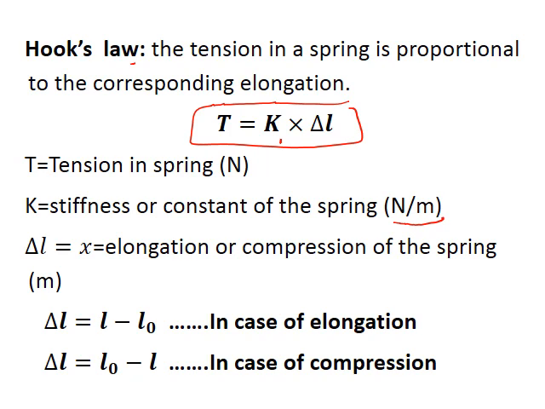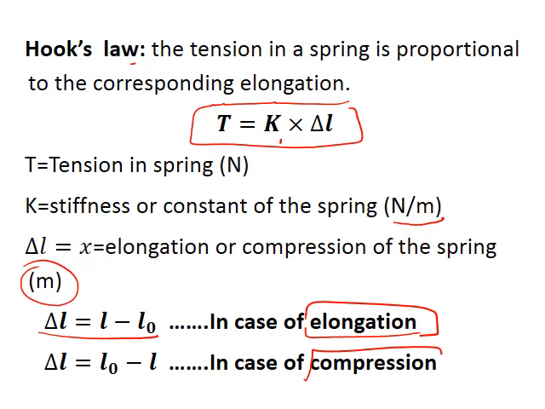Delta L or X is the elongation or compression of the spring; its unit is meter. In the case of elongation, delta L equals L minus L0. In the case of compression, delta L equals L0 minus L.